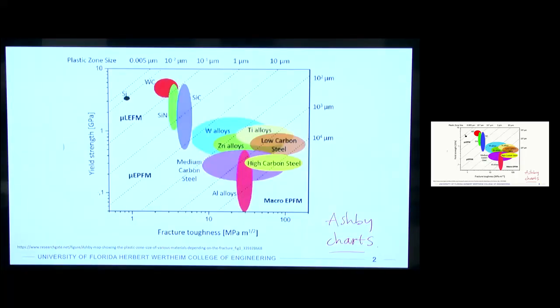On this plot, the x-axis is fracture toughness, and on the y-axis is yield strength. We really want high strain to failure and high yield strength, but there's no Ashby chart for strain to failure, so we'll use this one.